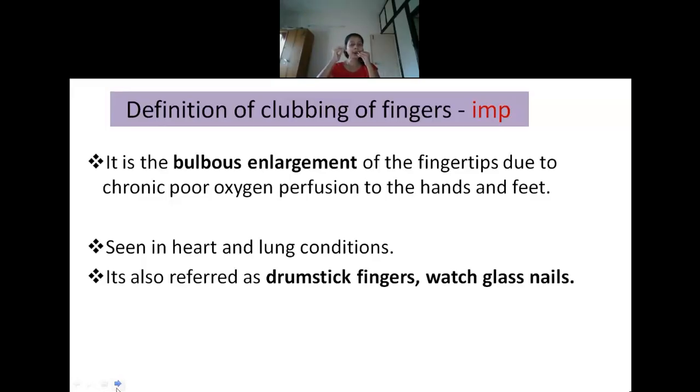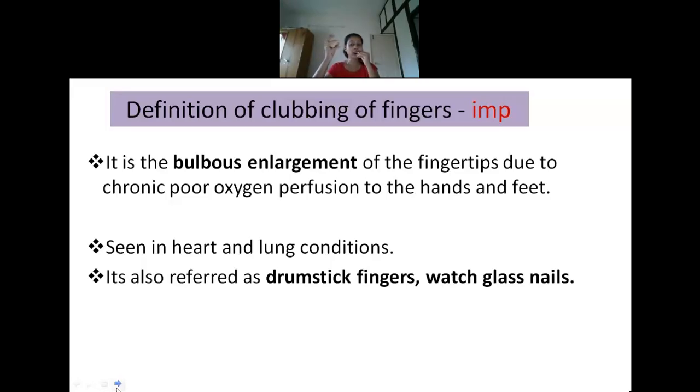Commonly this clubbing of fingers is seen in almost all cardiac conditions. Not only cardiac conditions, even with COPD, chronic obstructive pulmonary disease, or chronic asthmatic patients, most of the time COPD patients, along with heart patients, usually tend to have clubbing of fingers.